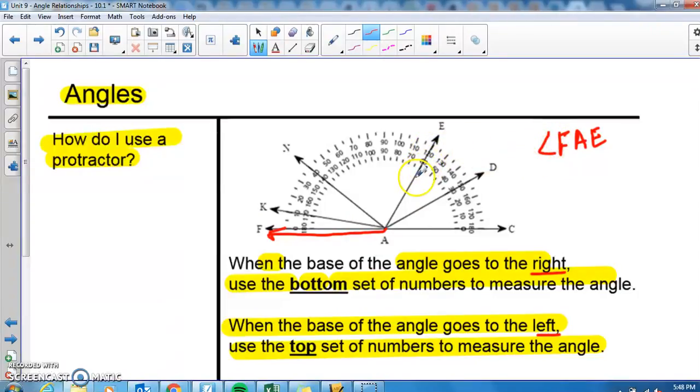So I want to know what the measure of angle FAE equals. I'm going to use the top set of numbers. I have a 60 here on the bottom and a 120 here on top. I'm going to use the top set of numbers, so that would measure 120 degrees.